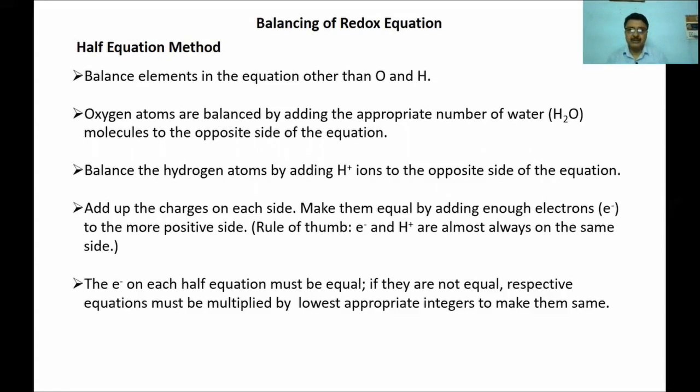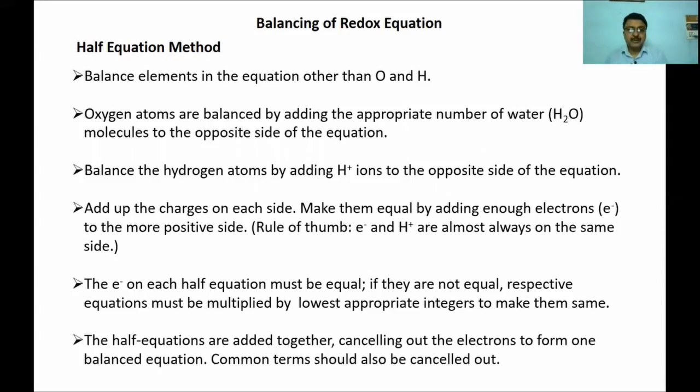If they are not, then multiply an equation with a certain integer so that electrons can be cancelled out in both the equations. Then half equations are added together, cancelling out the electrons, and whatever common constituents are there should also be cancelled out. So this is in brief the half equation method to balance a redox equation.